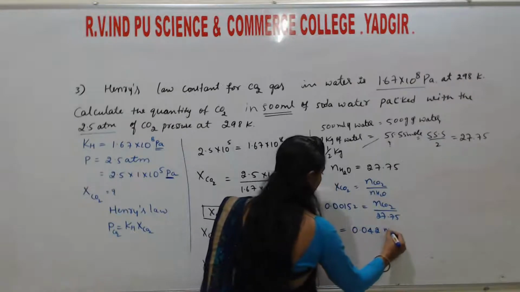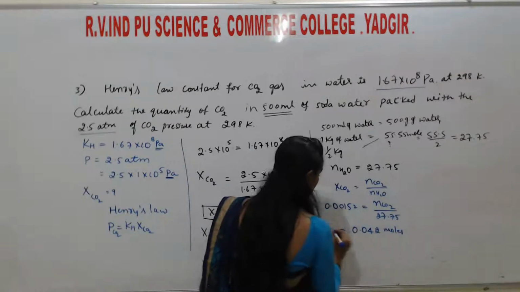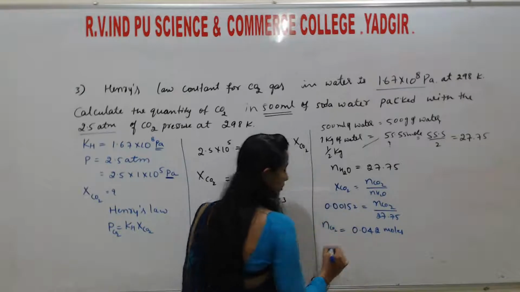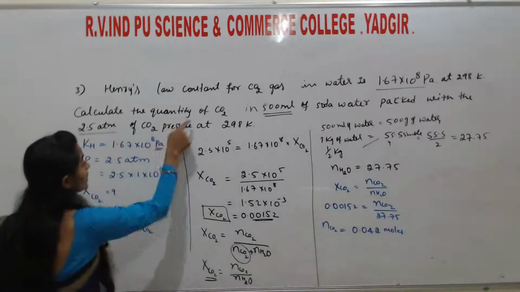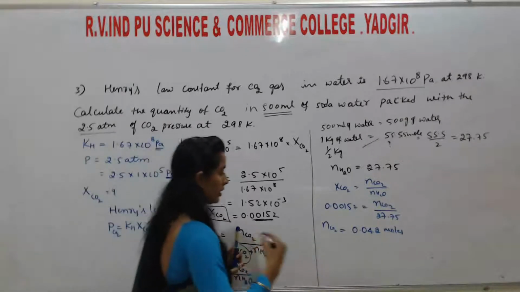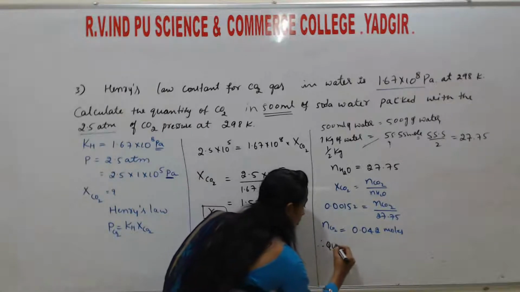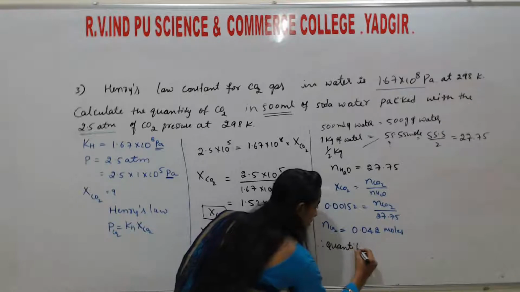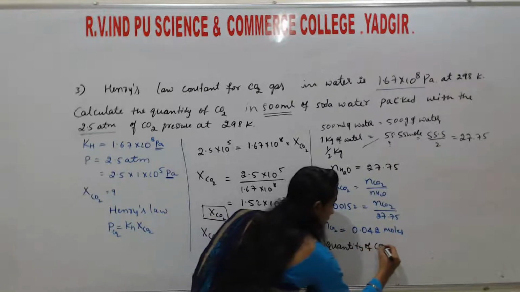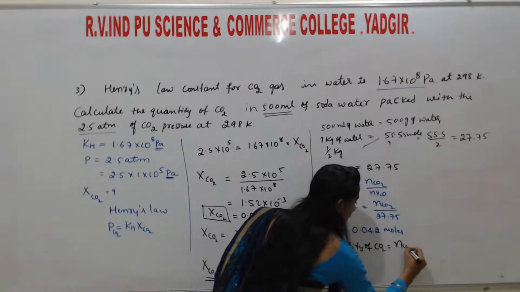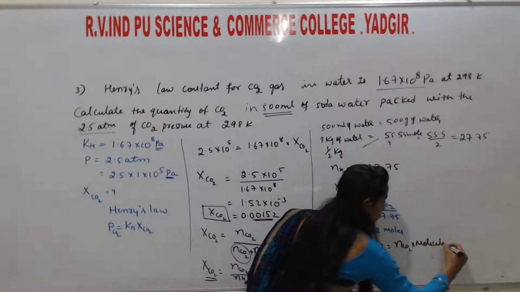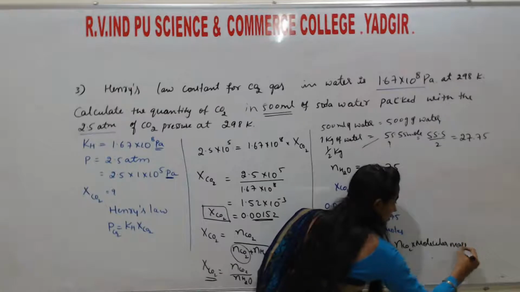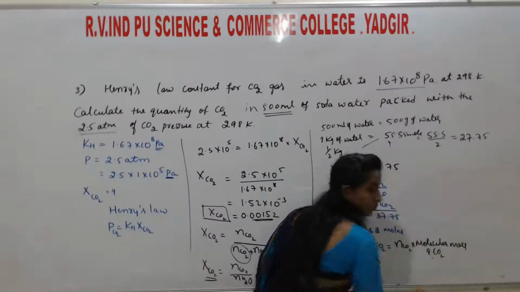Once you get the number of moles, we have to find the quantity of CO2. So the quantity of CO2 is equal to N of CO2 into molecular mass of CO2.